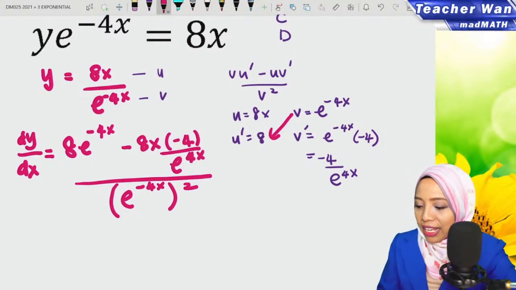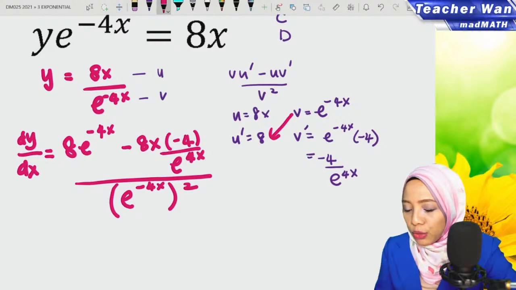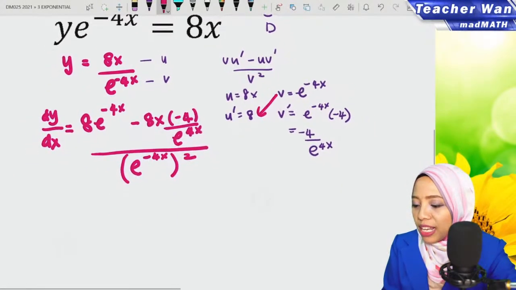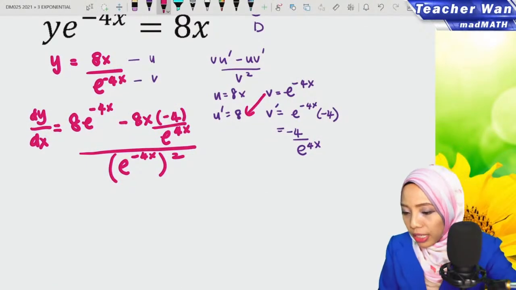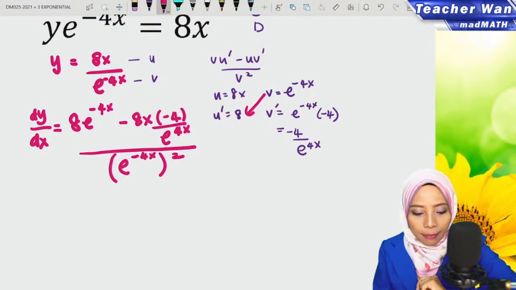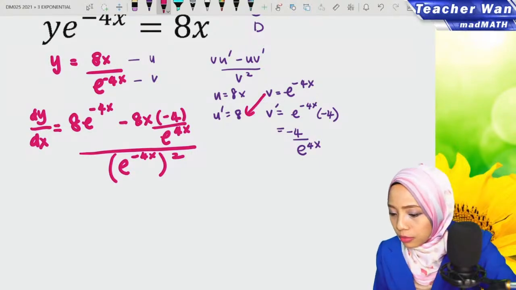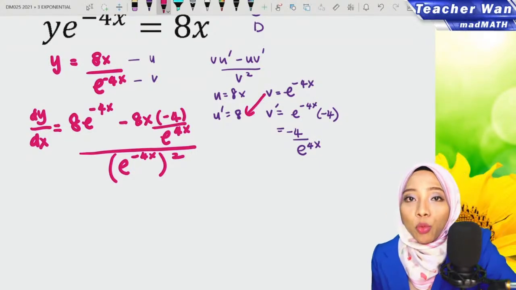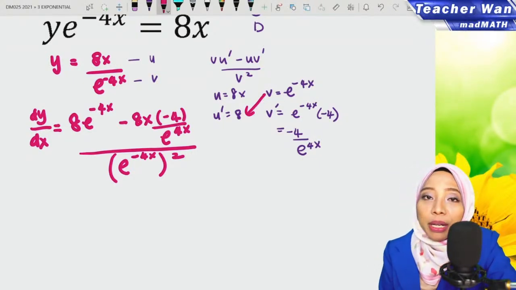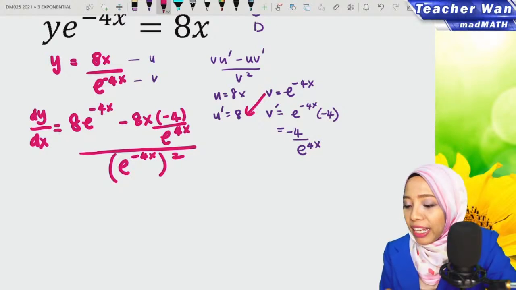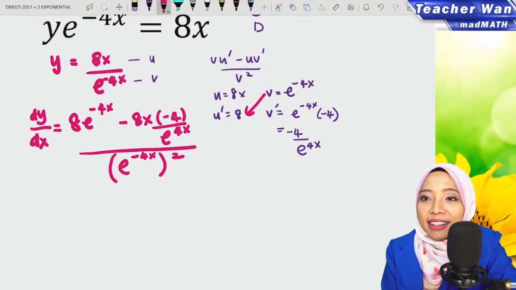Yes. Okay. So again, what we're going to do is equalize the denominator. Okay, this is one way, but we have another way actually. There is an easier way.